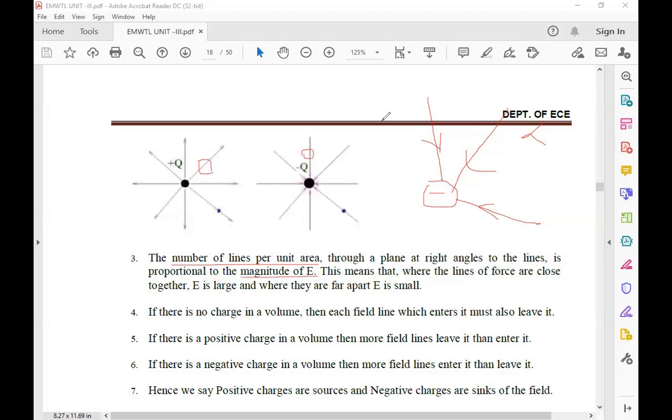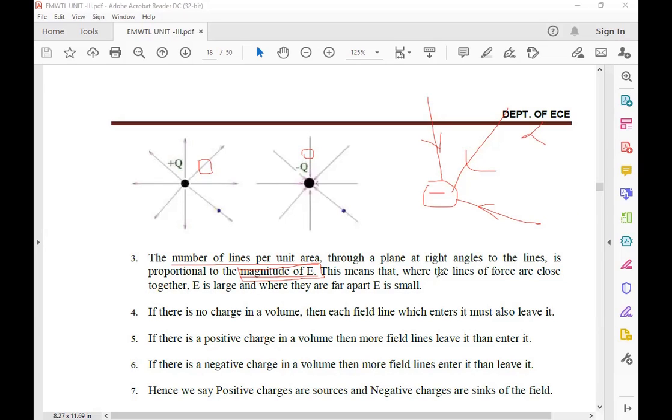The number of lines that pass through that differential surface per unit area is proportional to the magnitude of E, the electric field intensity.